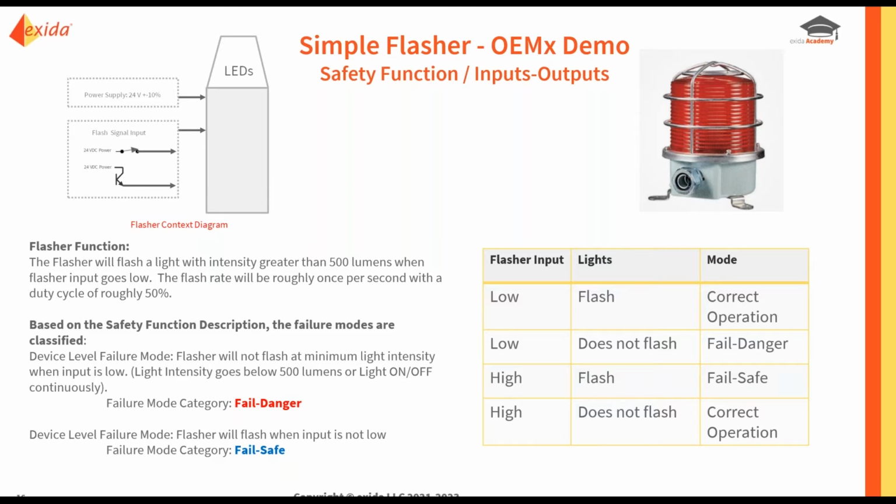The function of this device is described. It flashes with an intensity of greater than 500 lumens when the flasher input goes low. And we have the flash rate and duty cycle. Okay, and I see a context diagram.